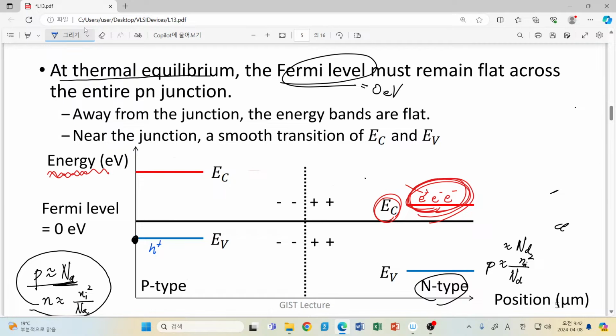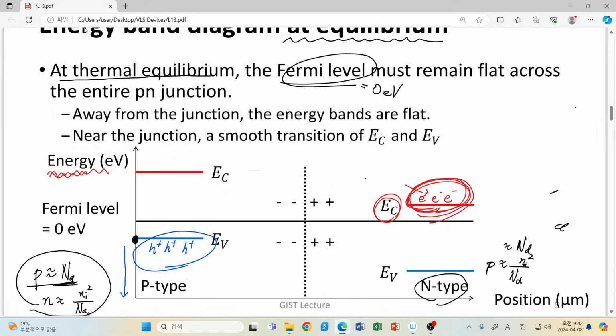Yes, to them this position is more preferred, because for holes we have to, in our mind, invert this energy band diagram, and this is a relatively low energy part, and this is a high energy part for our holes.